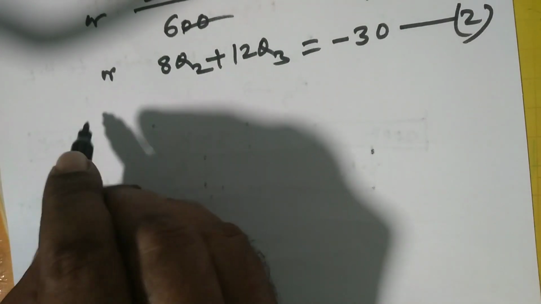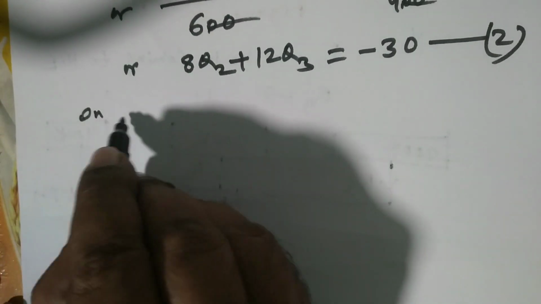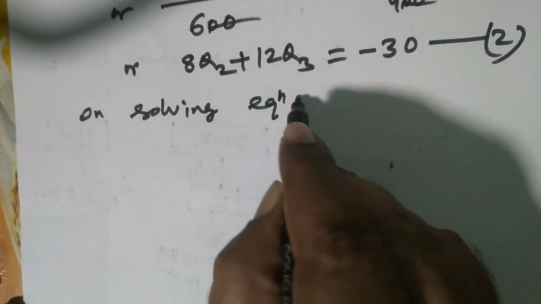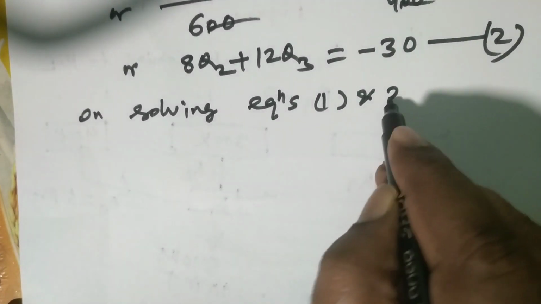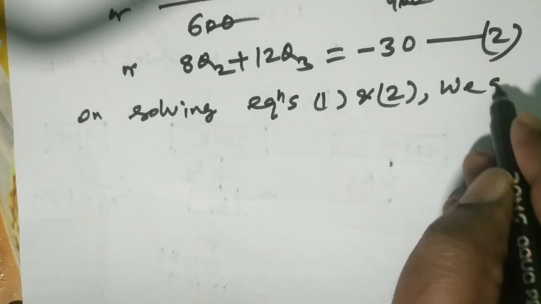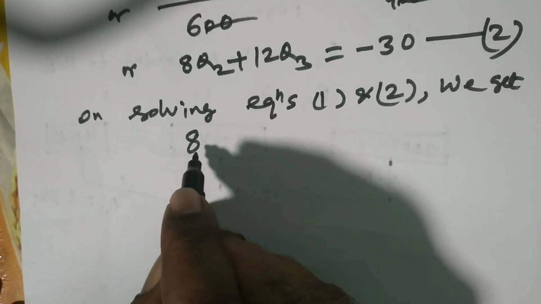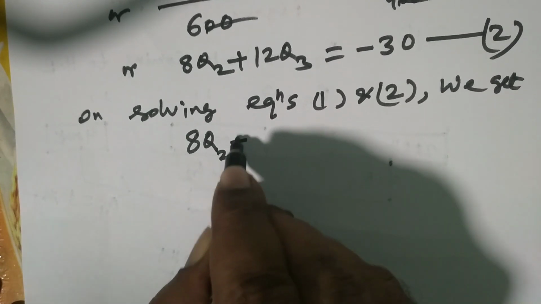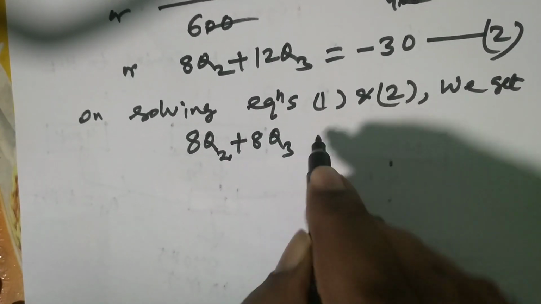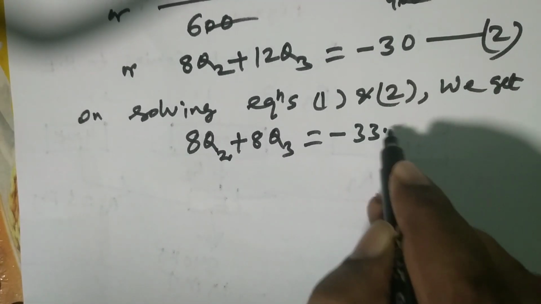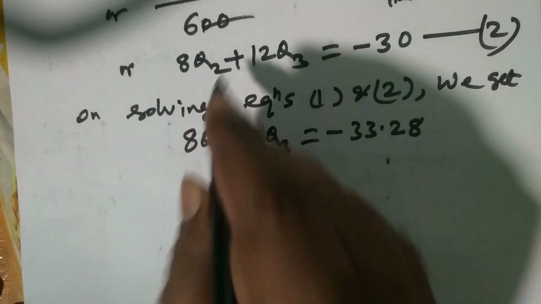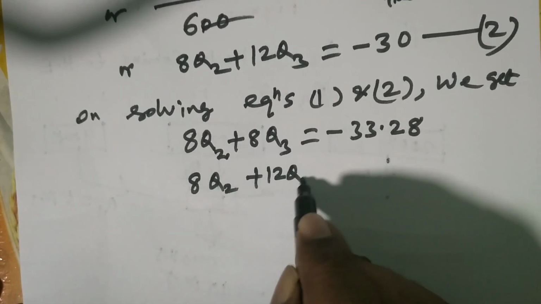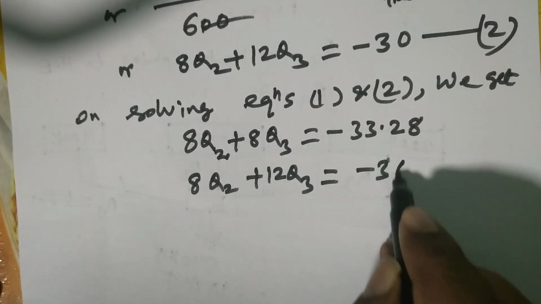So on solving equations 1 and 2, multiplying equation 1 by 8, we get 8Q2 plus 8Q3 equal to minus 33.28, and this equation is 8Q2 plus 12Q3 equal to minus 30.